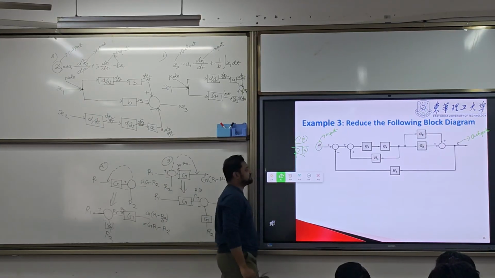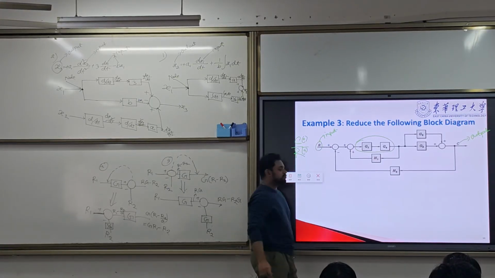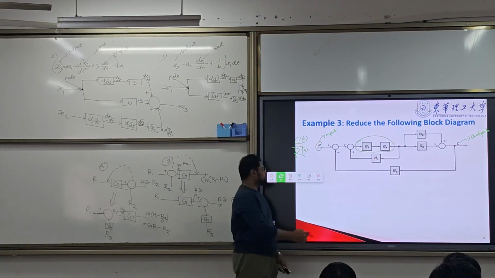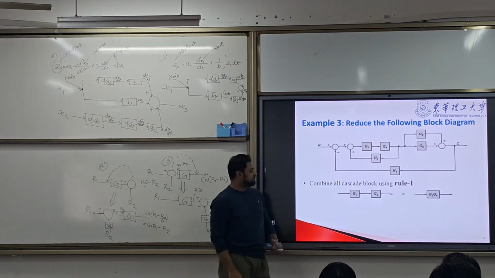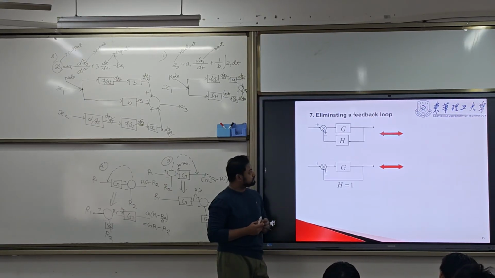First of all, look at this. Here, G1 and G4 are in cascade. So we will use the first rule. What is the first rule?